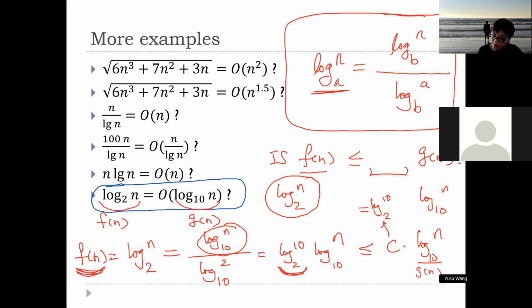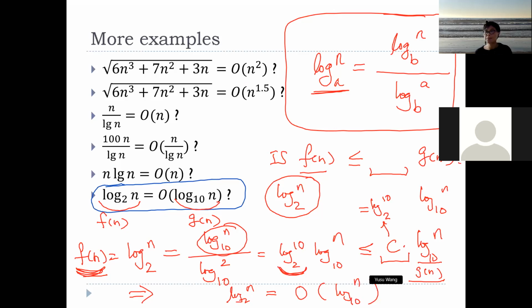So by definition, we found that there exists a constant such that f of n is smaller than or equal to a constant times g of n. Because of this, we conclude that indeed log base 2 of n is in the big O of log base 10 of n.